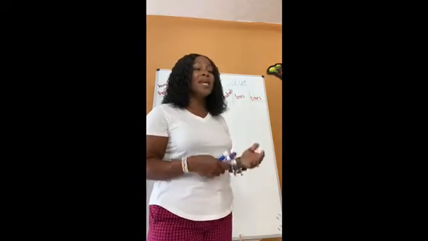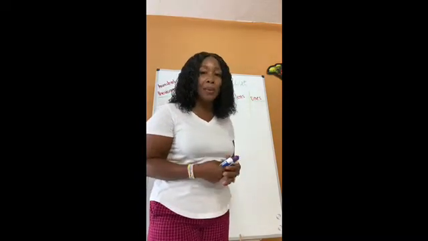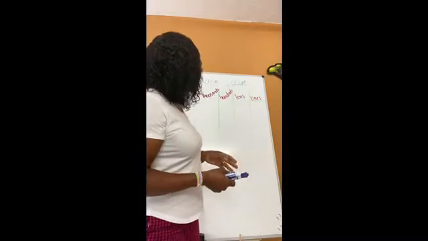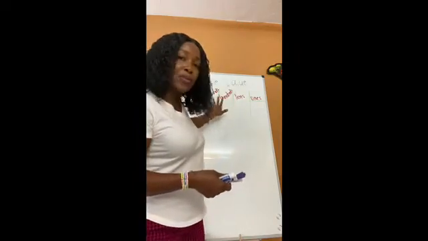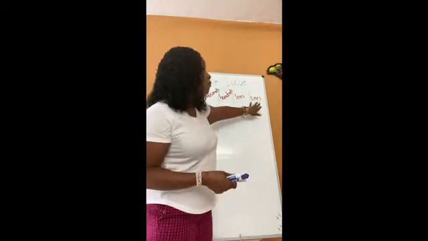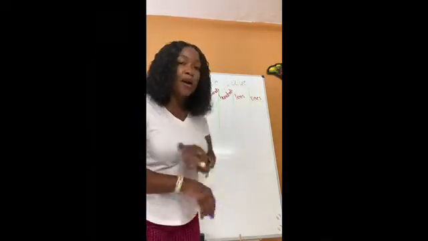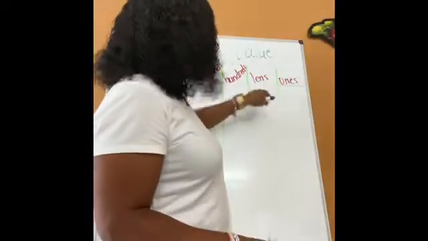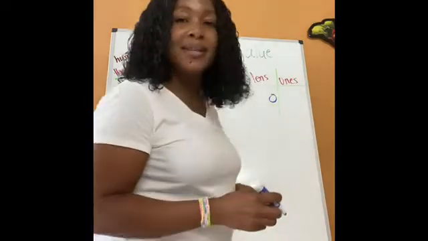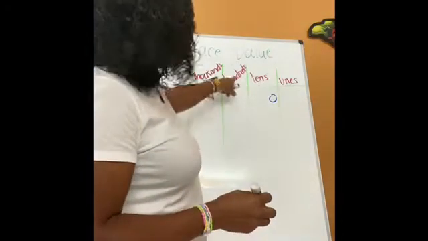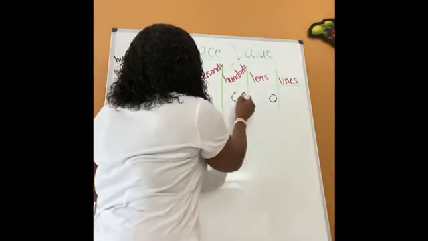Now, before we get into actually looking at the numbers, I want to talk a little bit about the amount of zeros in each number that would be on the place value chart. For ones, there are no zeros. Tens have 1 zero. 100 has 2 zeros.